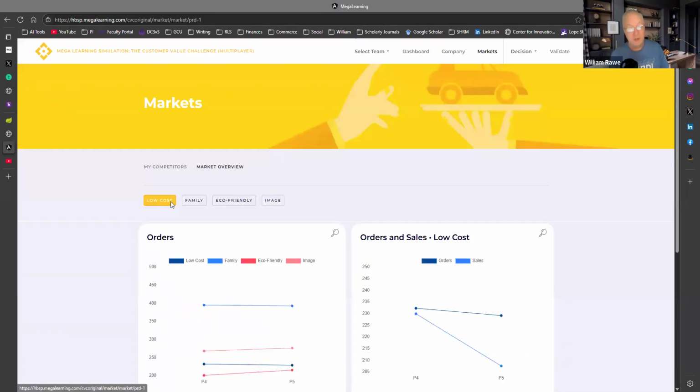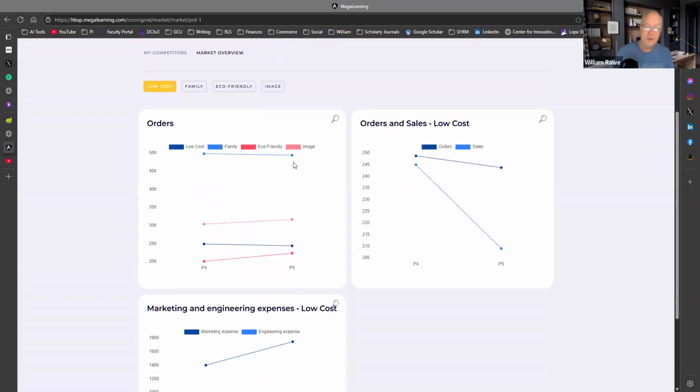Now, if we look at market overview, we can look at the orders for each business line from period 4 to period 5. And then you'll have period 4, 5, 6, and then it'll add 7. It'll keep going until we're done. And you can see whether the orders are increasing or decreasing. And then we have a comparison of orders and sales. So there were 244 orders in the entire region.